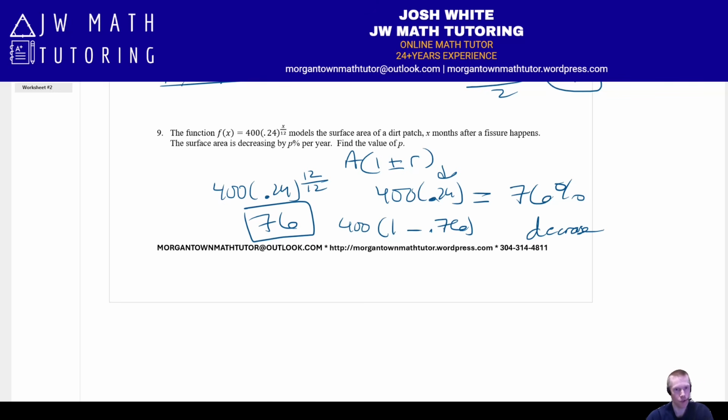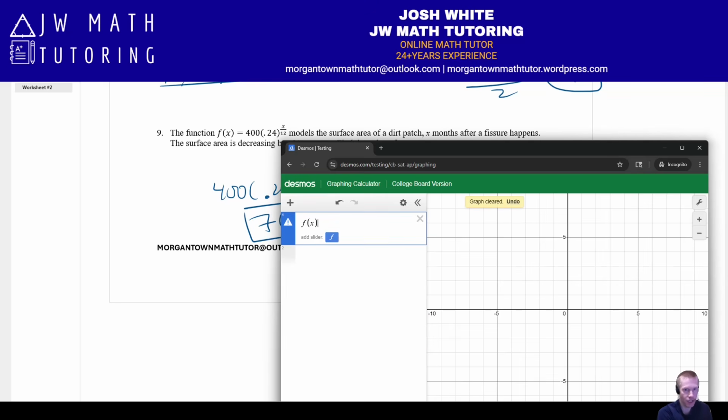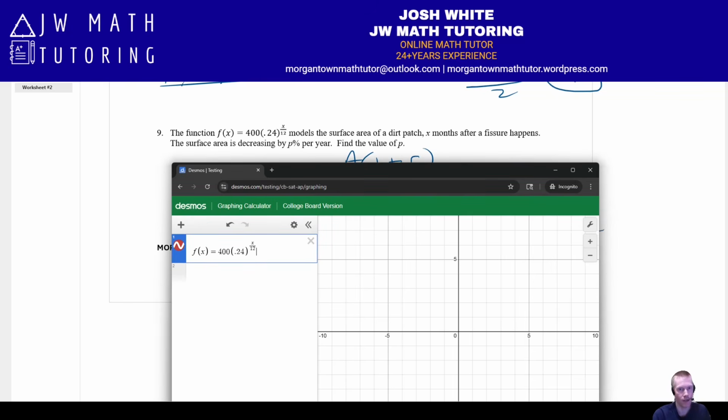Now, let me show you in Desmos mathematically how that works out, just to confirm it. So I'm going to type the function in, x over 12. Let's say from 1 year to 2 years. That total time difference is 1 year.